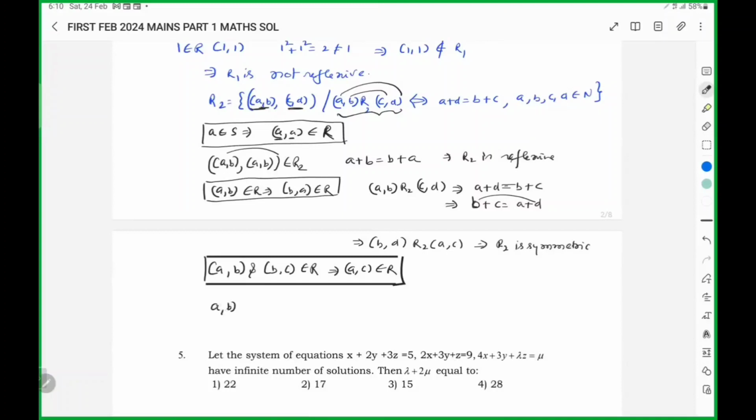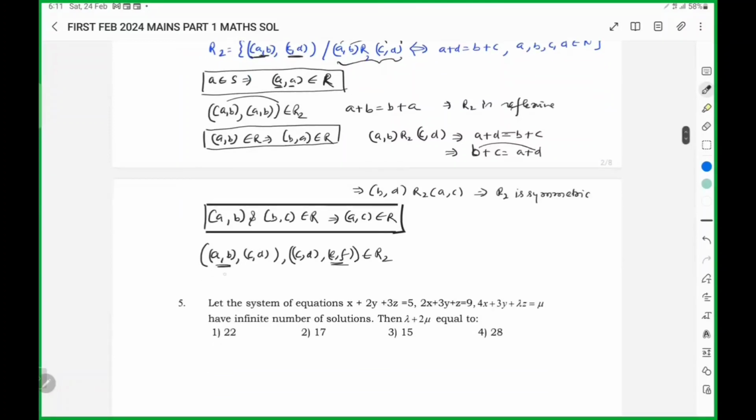One element is (A, B), another is (C, D), and (E, F), let us assume. This is another ordered pair which is there in the relation. If we can prove (A, B) is related to (E, F), then it is transitive.